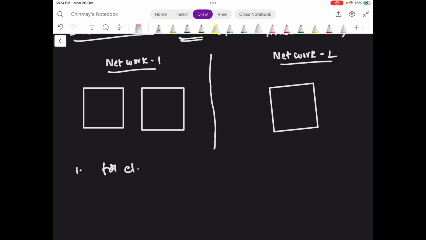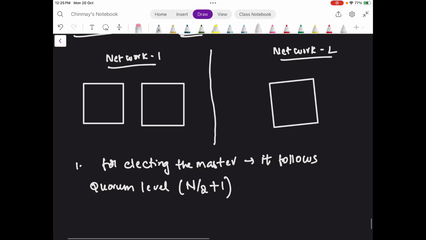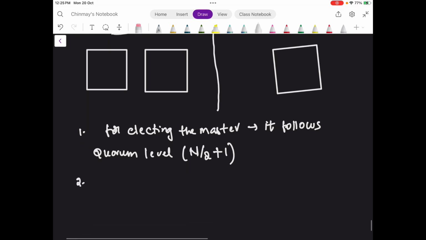for electing the master, it follows quorum level. That means n by 2 plus 1 for electing the master.